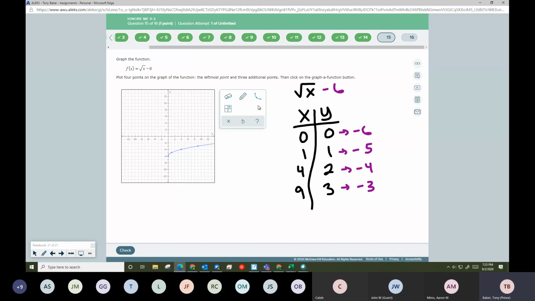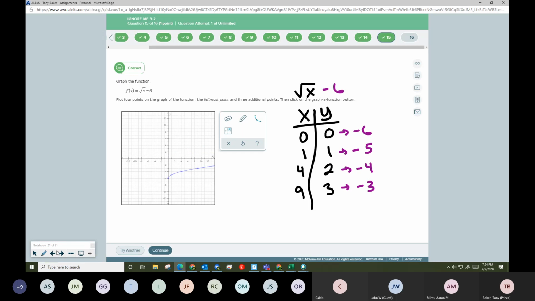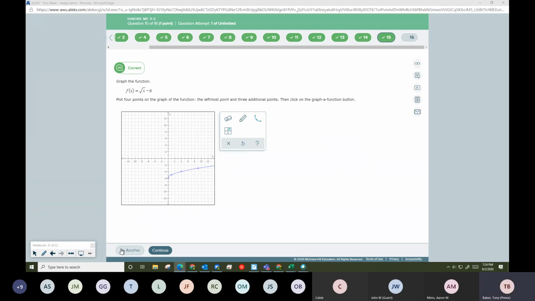And then I hit the little curve button, and it puts my curve in. So if you think back to what we did with the transformations, in essence, we're taking the parent function and making a transformation to it. Since it's on the outside, I'm changing the y values by subtracting 6. Let's do one more of those, and then we'll do the harder one.